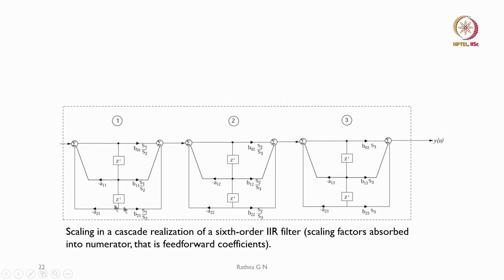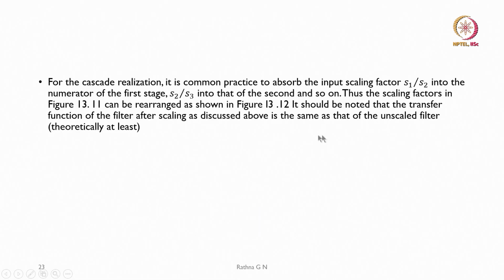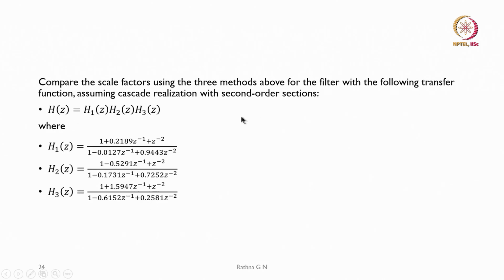This shows for the 6th order IIR filter how you will be doing the scaling, and then for the final one you will be multiplying only by S3, whatever scaling you have done. So, you will account for S3 and then send the output y of n. This is how S2 and S3 can be computed for the figures.